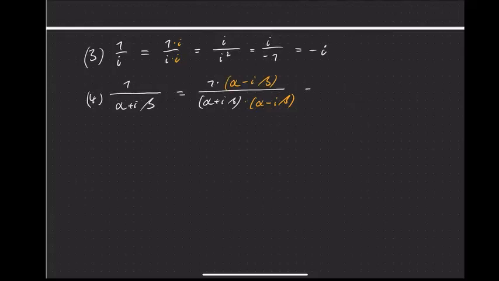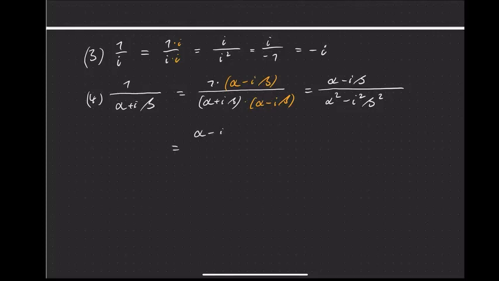Doing that, the numerator becomes alpha minus i beta, that's okay. And the denominator becomes alpha squared minus i squared beta squared. And again, with this i squared, the imaginary unit is gone.